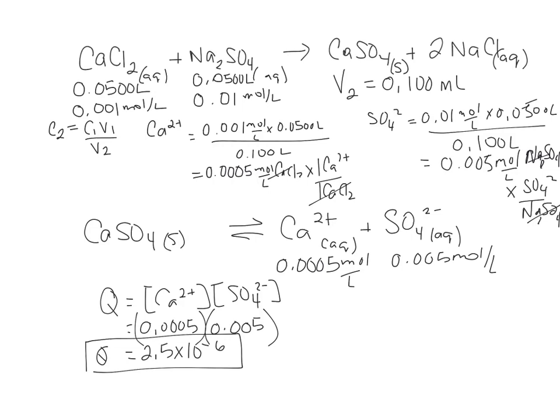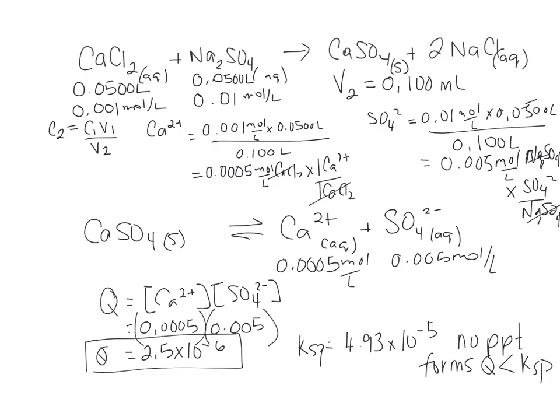So if we look up sulfates, calcium sulfate, we see that the KSP is 4.93 times 10 to the negative 5. So our Q, times 10 to the negative 6, is smaller than our KSP, times 10 to the negative 5. Therefore, no precipitate forms, because our Q is less than our KSP.